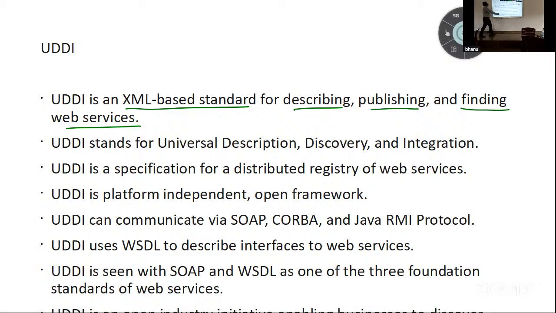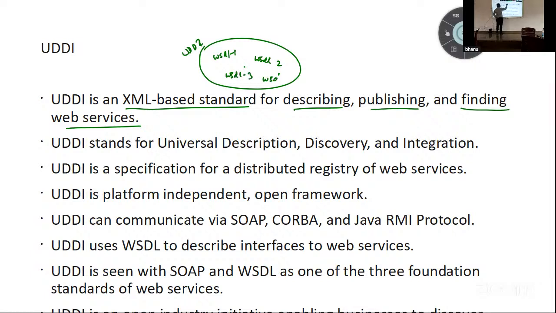Here I will make one UDDI. So in this web service, one WSDL file, this is 1, this is 2, this is 3, this is 4. Four services I have taken. For example, this is one service. This is another service.